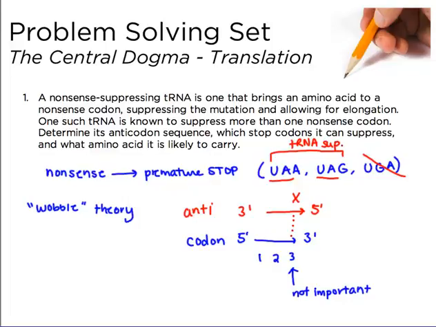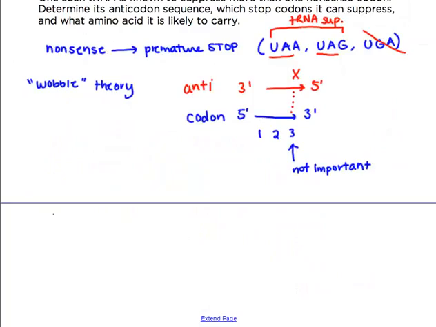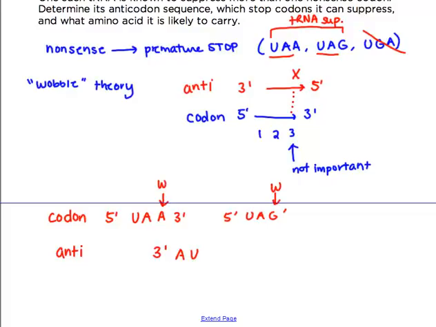Now it's asking us to determine the anticodon sequence of this suppressor tRNA. Well, if the codon is either 5' UAA or 5' UAG, the anticodon that will suppress both of these is going to be 3' A to pair with the U, U to pair with the A, and then we'll write W for wobble, which is the one that has some slack.